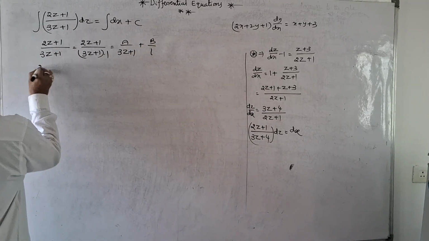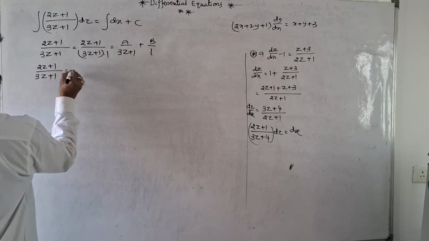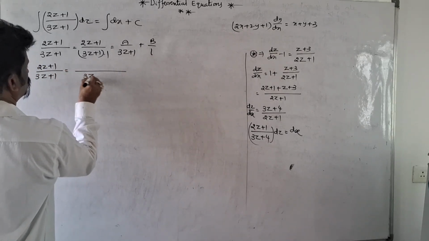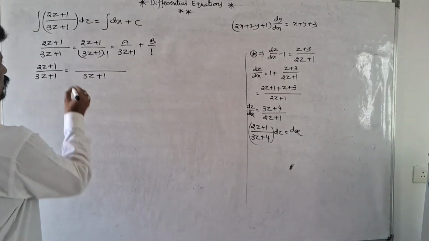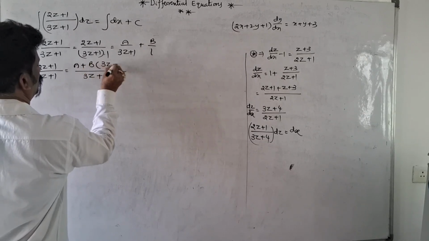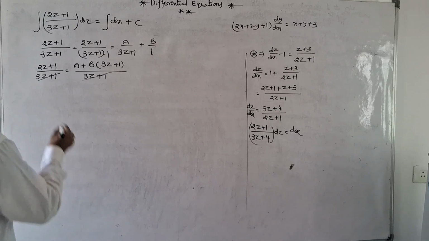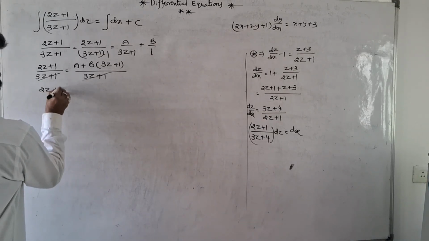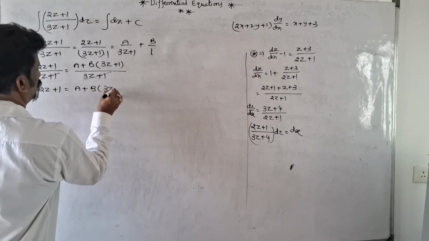So this implies (2z + 1)/(3z + 1) equals, LCM is 3z + 1, A + B(3z + 1) over 3z + 1. So this one cancels. Now this implies 2z + 1 is equal to A + B(3z + 1).